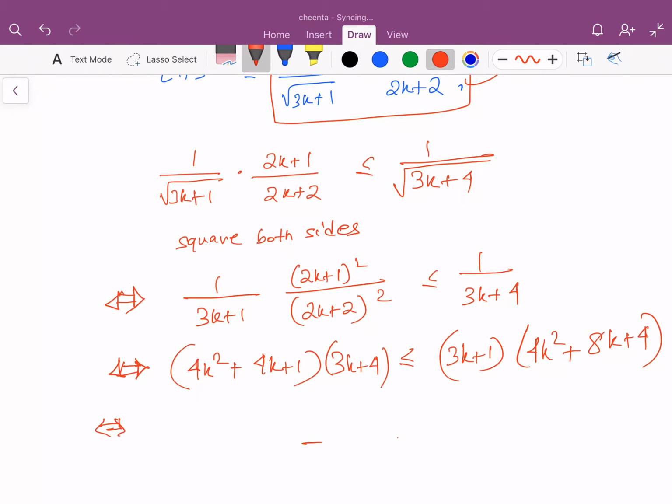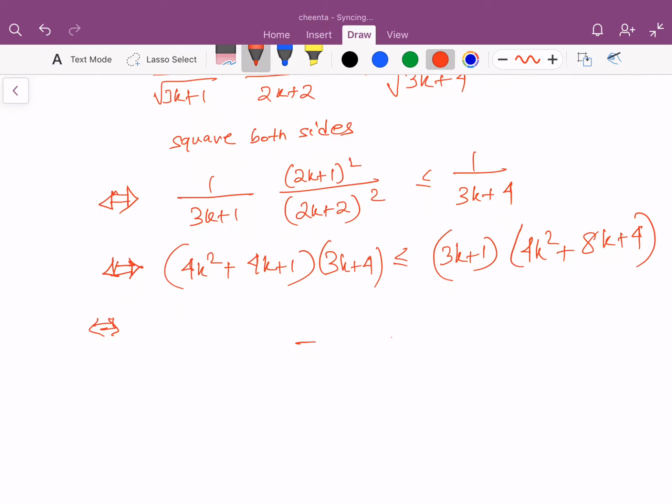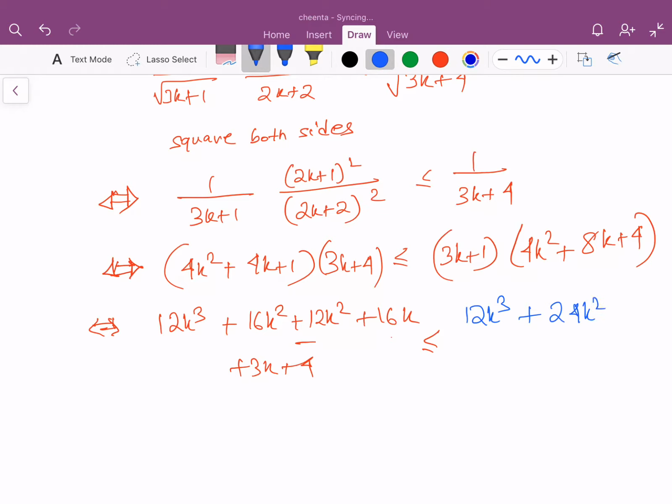So cross multiplying, we open the parentheses, we get 12k cubed plus 16k squared plus 12k squared plus 16k plus 3k plus 4. We wish to show that this is less than or equal to, the right hand side is, let's use a different color, 12k cubed plus 24k squared plus 12k plus 4k squared plus 8k plus 4.